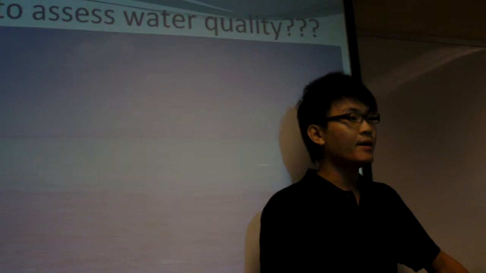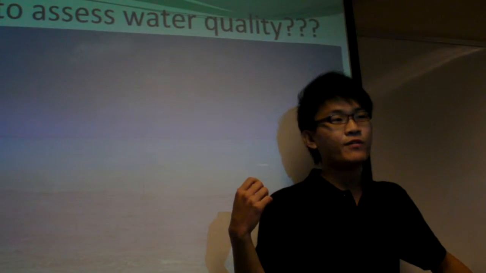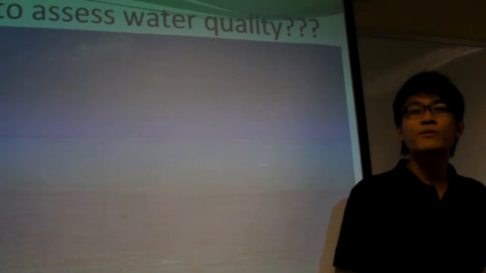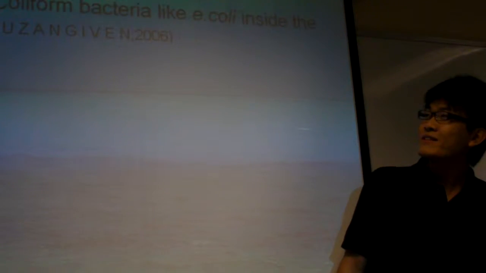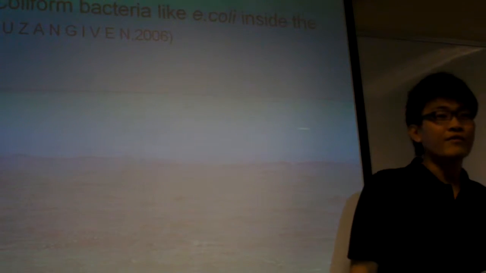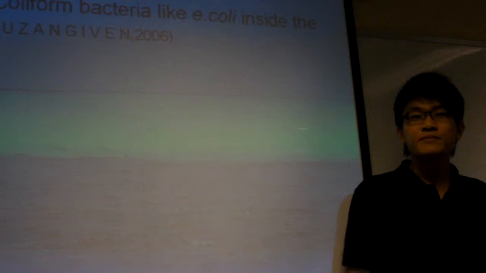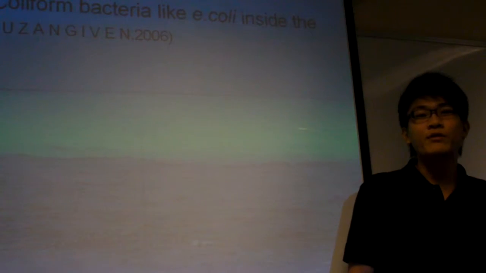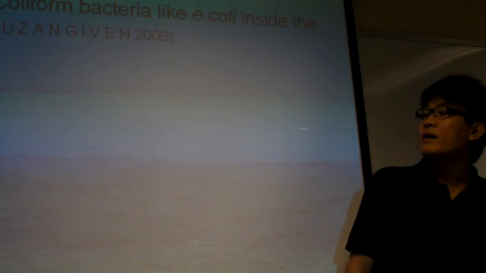First, due to the nature of my research, we have to know how to assess water quality. I think some of you may have an idea about it. A common practice is to count the number of coliform bacteria inside the water, and it is also adopted by our Environmental Protection Department.